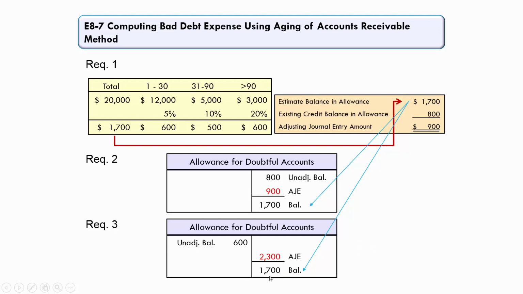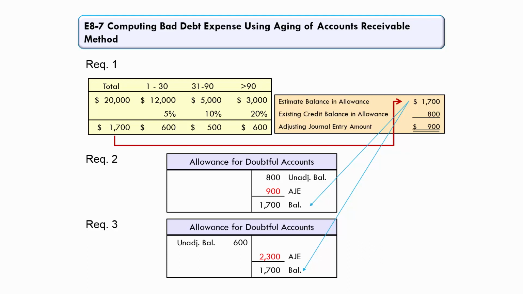Now, we have said several times that the normal balance in the allowance account needs to be a credit. Why do they have a debit balance in it? Well, their write-offs are debits. So apparently they have had a lot of write-offs, and their write-offs have been greater than what they have put in the bucket for their allowance.